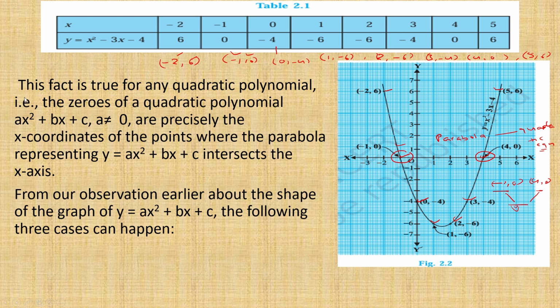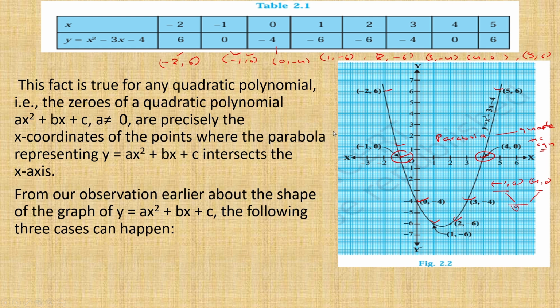Okay. So this fact is true for any quadratic polynomial, that is, the zeros of a quadratic polynomial ax square plus bx plus c, where a is not equal to 0, are precisely the x coordinates of the points where the parabola representing y is equal to ax square plus bx plus c intersects the x-axis.